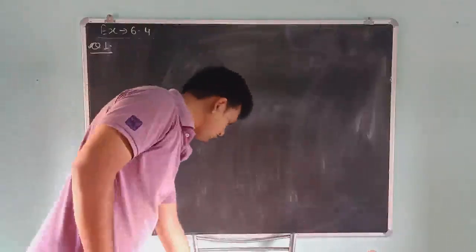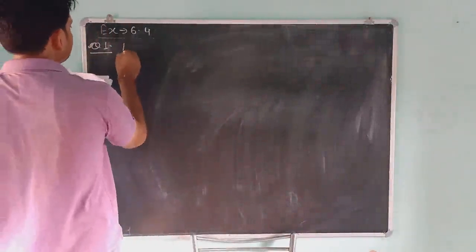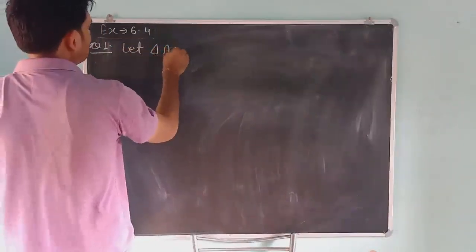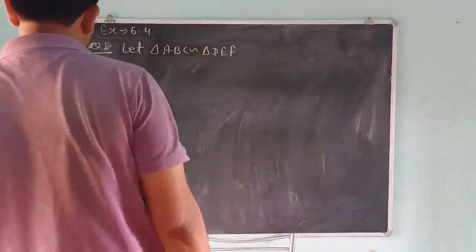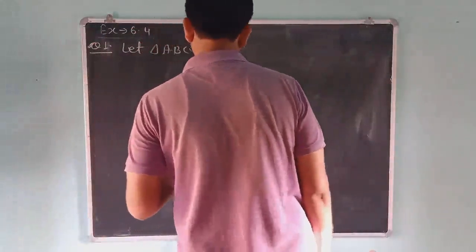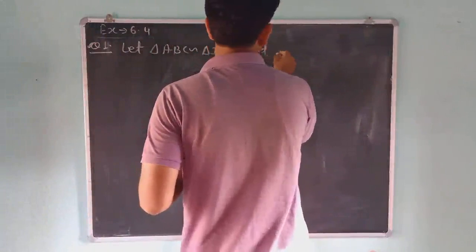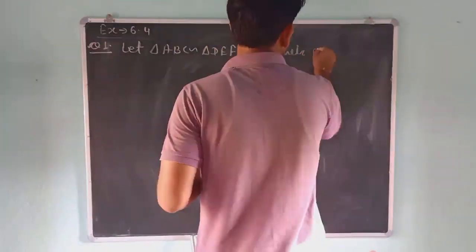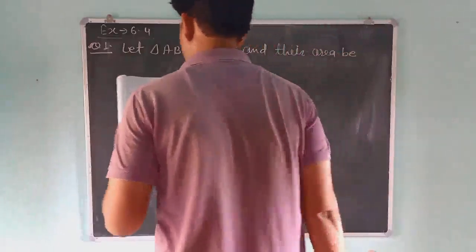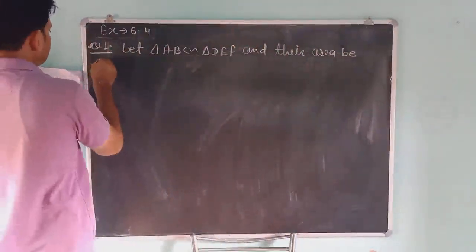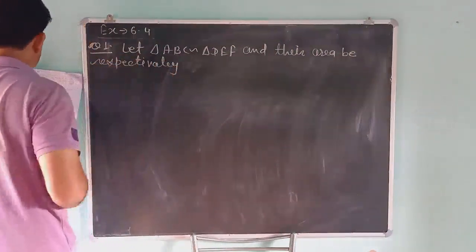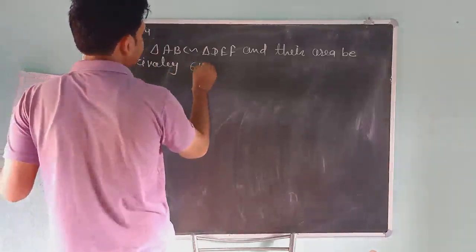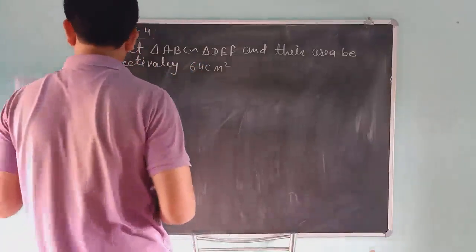According to the first question, let triangle ABC be similar to triangle DEF, and their areas be respectively 64 centimeter square and 121 centimeter square.